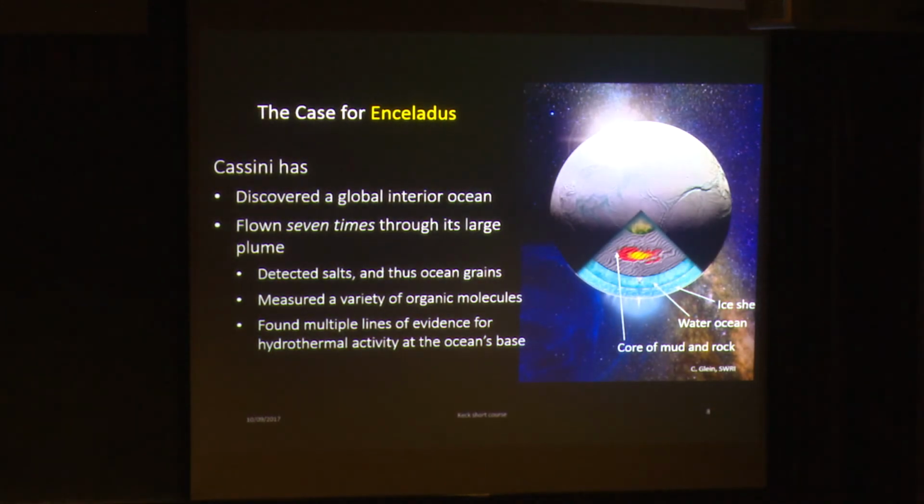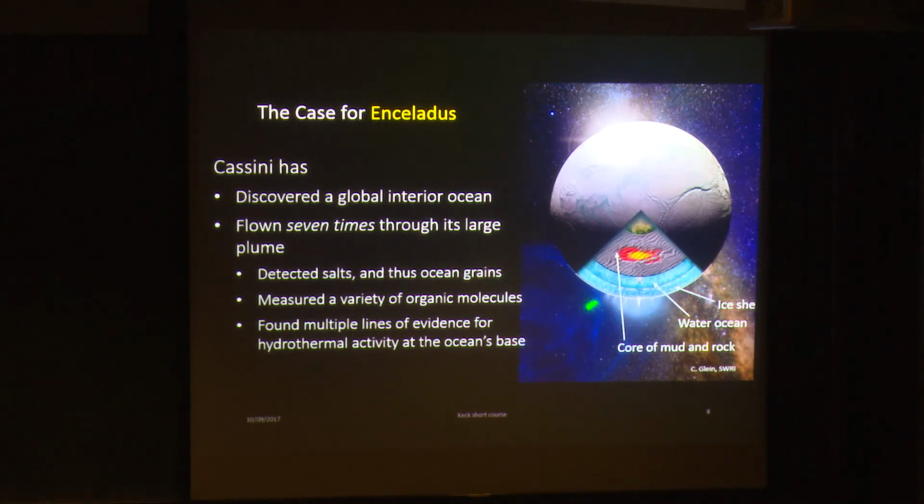Cassini discovered a global ocean on Enceladus. I won't go into the details, but by measuring the libration of Enceladus, a paper led by Peter Thomas demonstrated that the ice crust has to be decoupled from the interior.